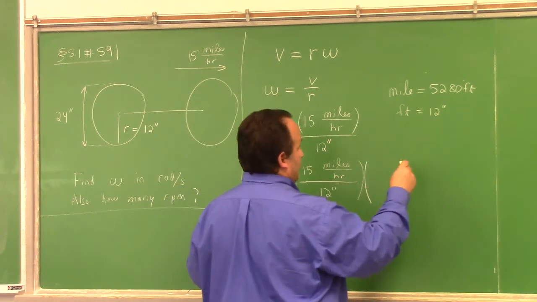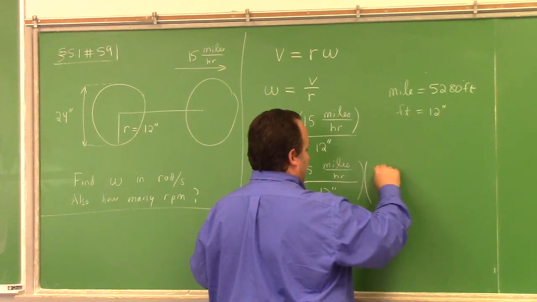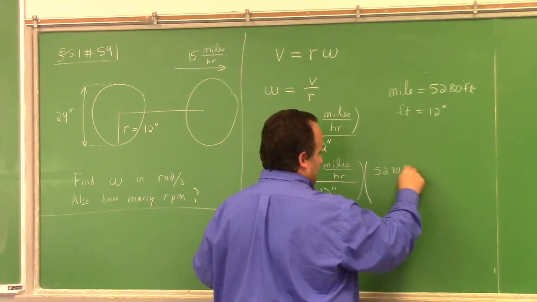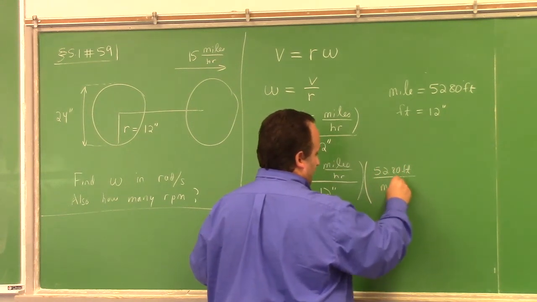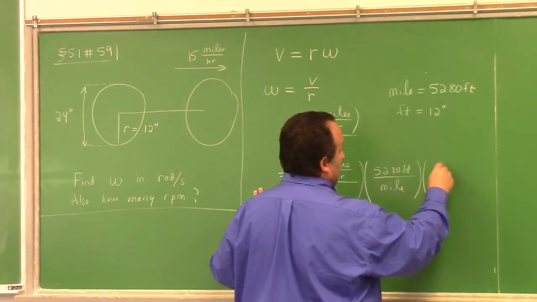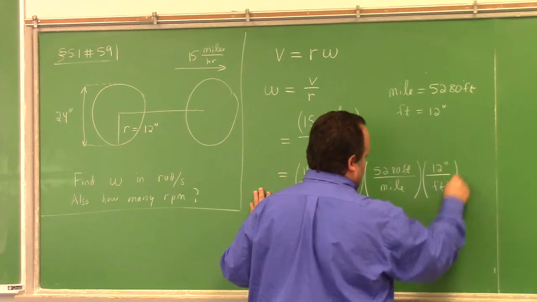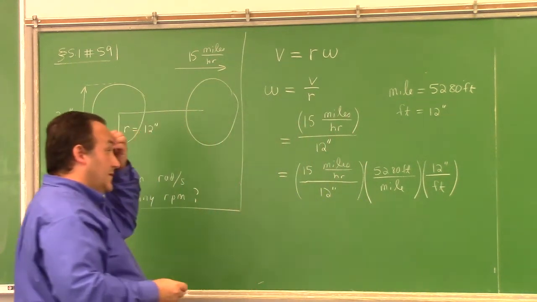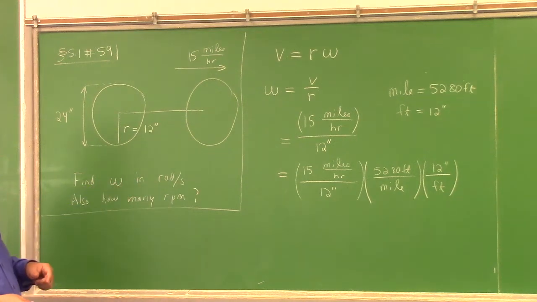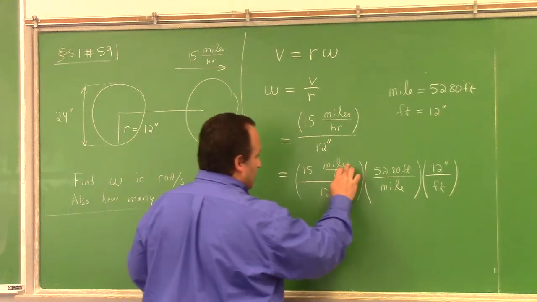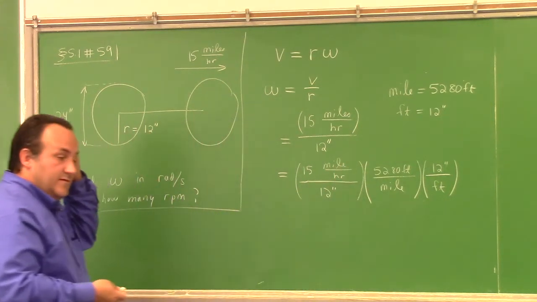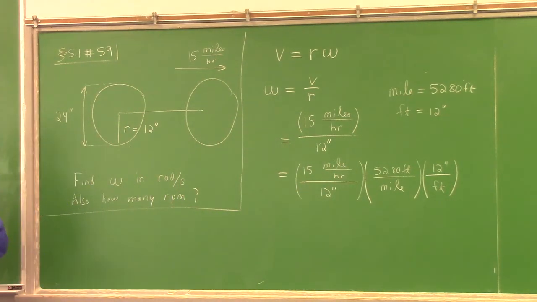So 5,280 feet is equal to a mile, right? And then 12 inches is a foot. So that will cancel the feet, that will cancel the miles, right? And what am I going to be left with? We're left with radians, right? It's not written there, but that's what it is.